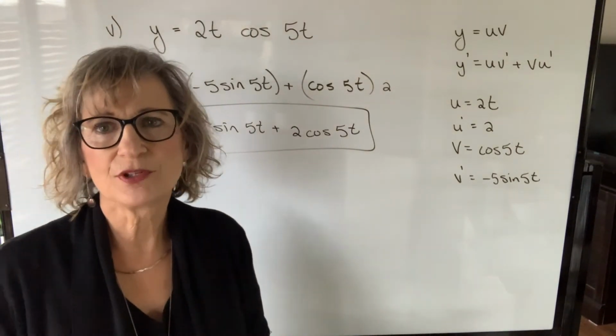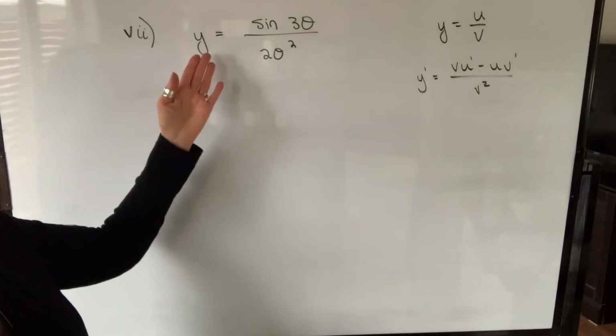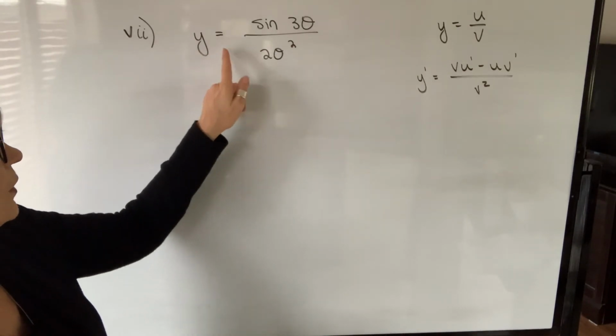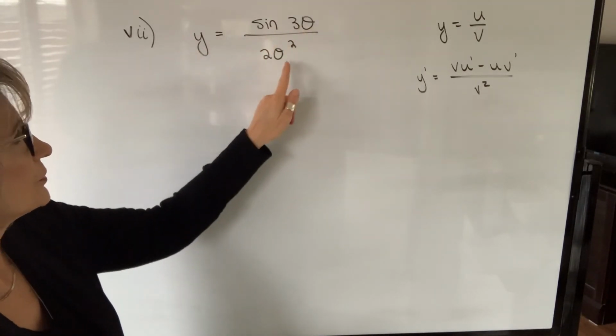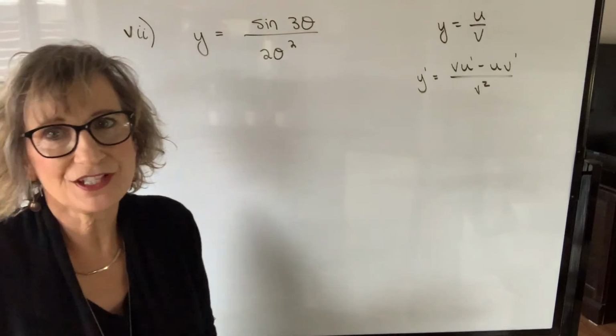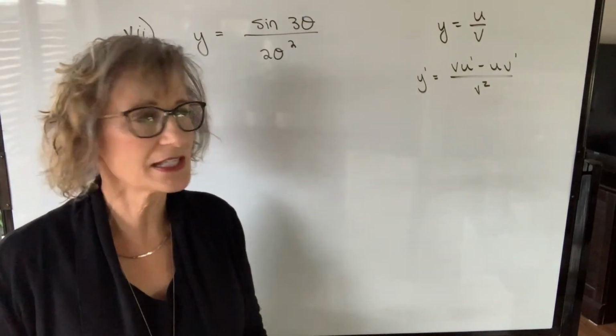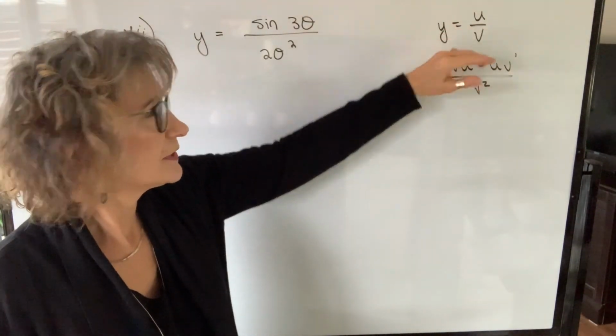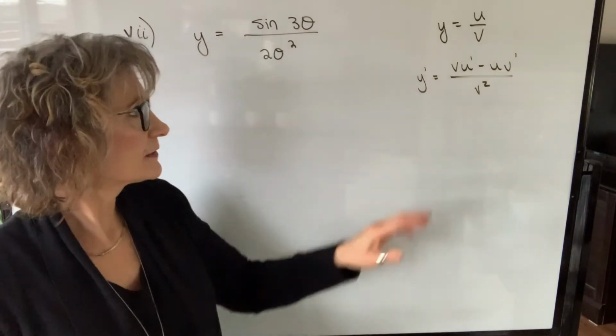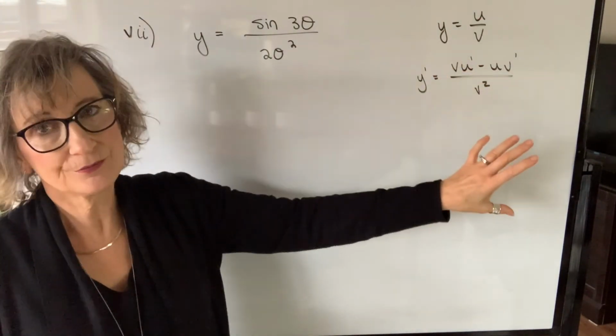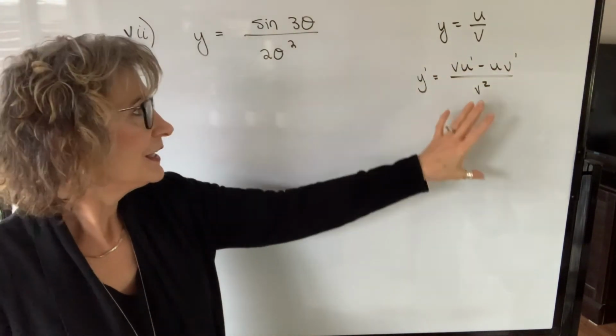Let's try an example of a quotient. So we're asked to find the derivative of this function, y equals the sine of 3 theta over 2 theta squared. So we have a theta instead of x, but same process. And we're going to be using the quotient rule to differentiate this. So you want to have that handy, or hopefully have it memorized.